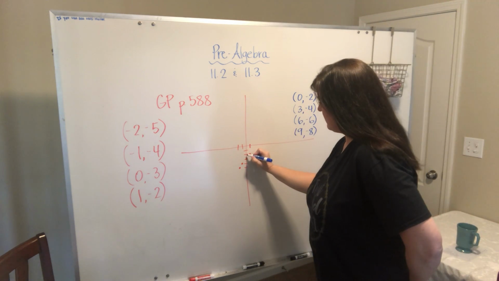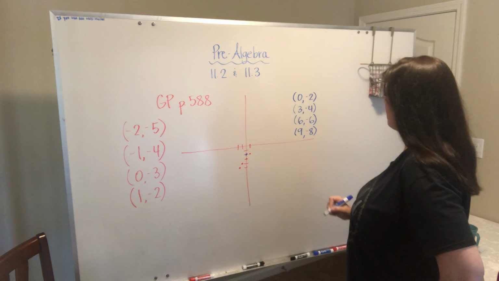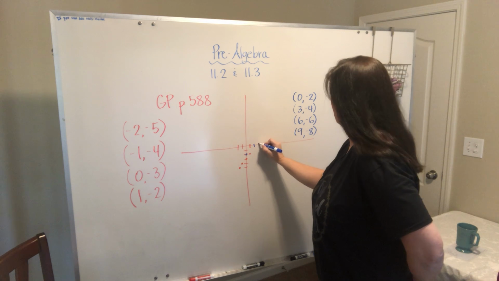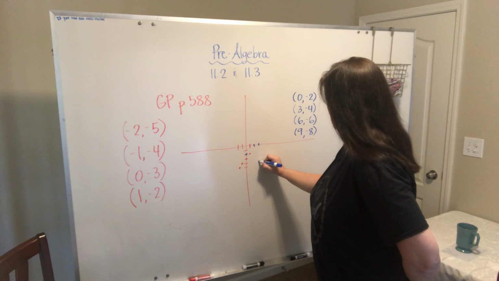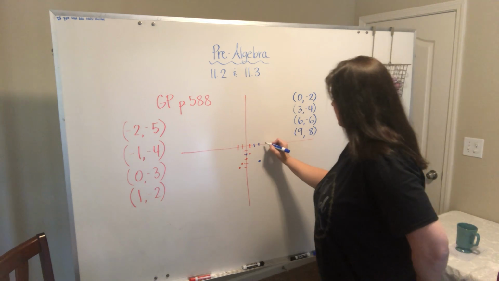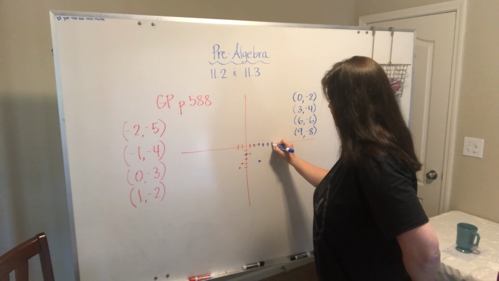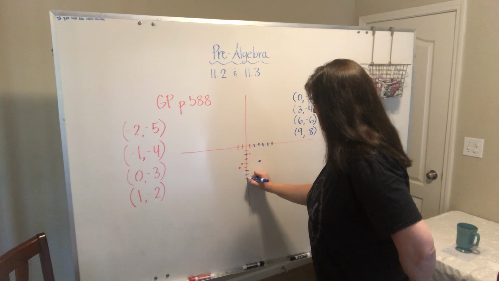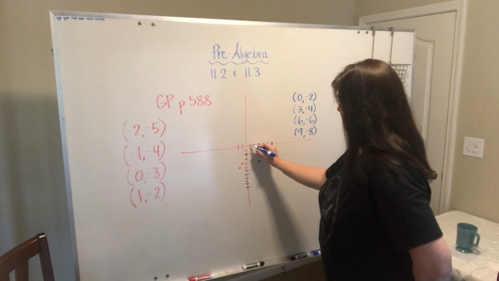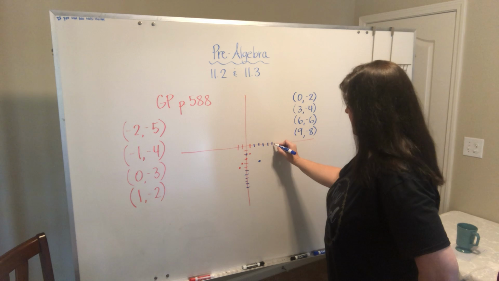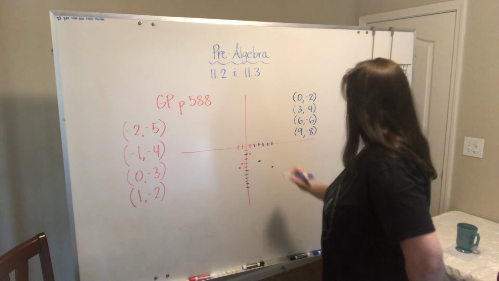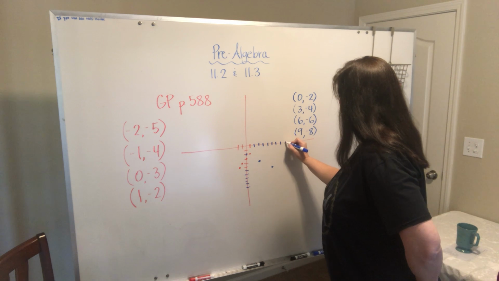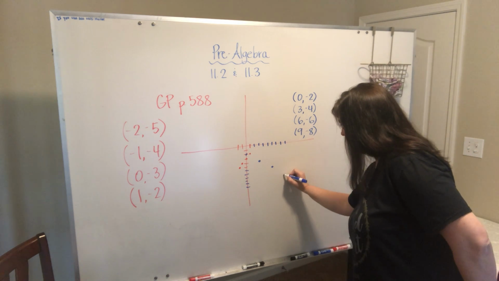So I'm at 0, -2. There's that one. 3, -4. All right. 6, -6. So we're at 6, which means I go right 6 and down 6. That you hopefully remember. And then 7, 8, 9, -8.